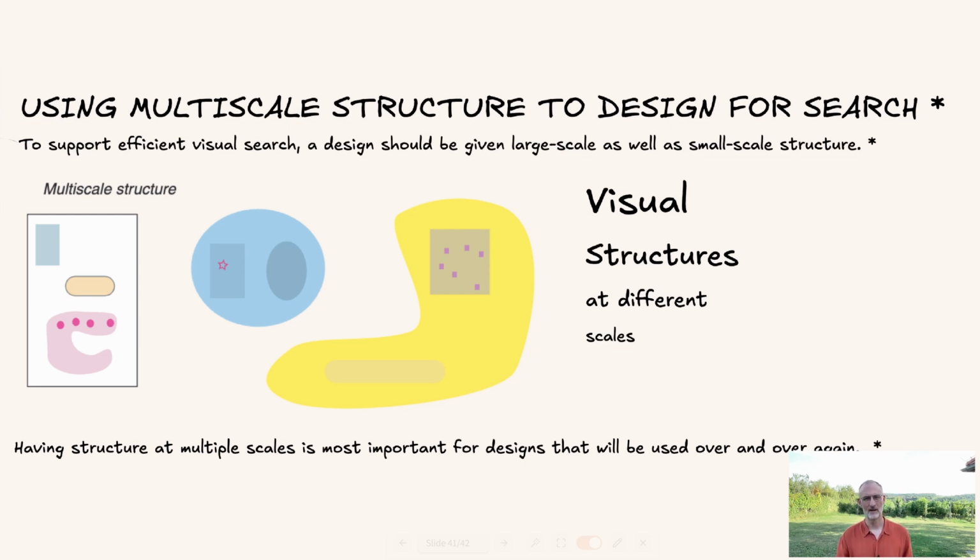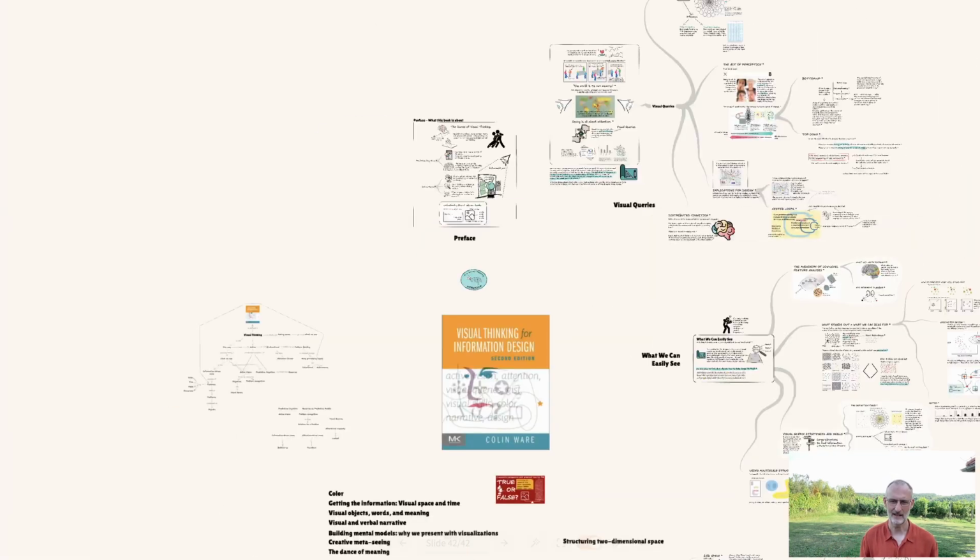So for example, think of a diagram where you know that the legend is on the top right-hand side and the title is at the top left. When you look at the chart, you know that if you need to find the legend, it's going to maybe have a box around it. And then with the next glance, you can look at the legend itself and learn about the information that's there.